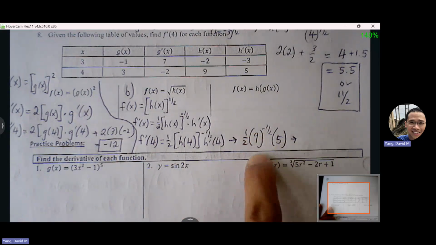If I push that 9 down to the denominator, I get square root of 9 is 3, but 3 is in the denominator there.